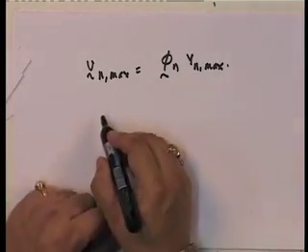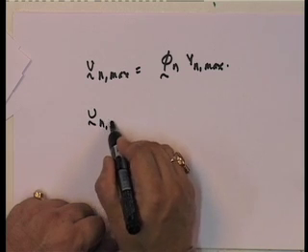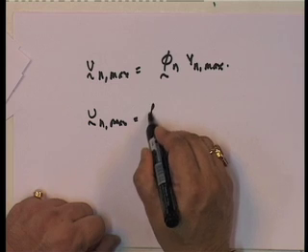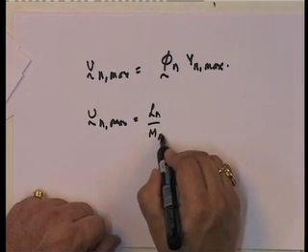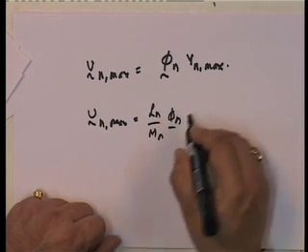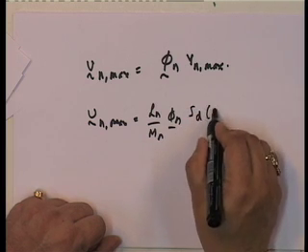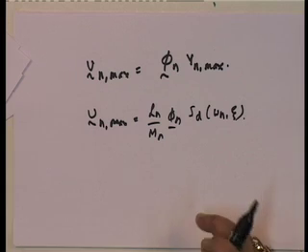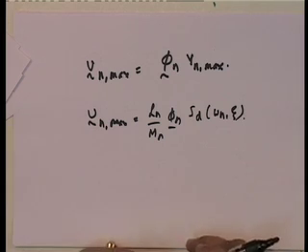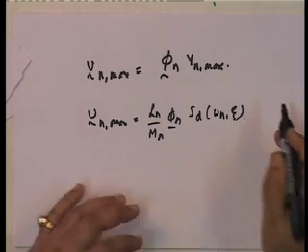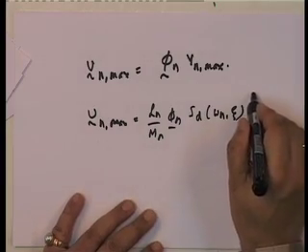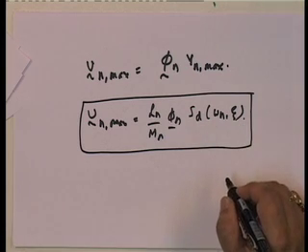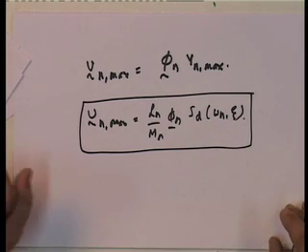So V n max is equal to Ln upon Mn into phi n Sd(omega n, xi). Since we typically take the same xi value across the modes, I am not writing xi n, it is xi. So this in a sense is the peak displacement in the nth mode.